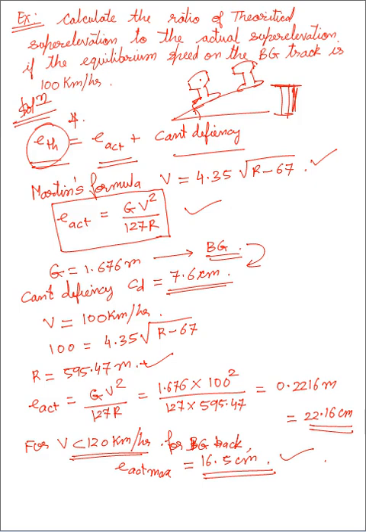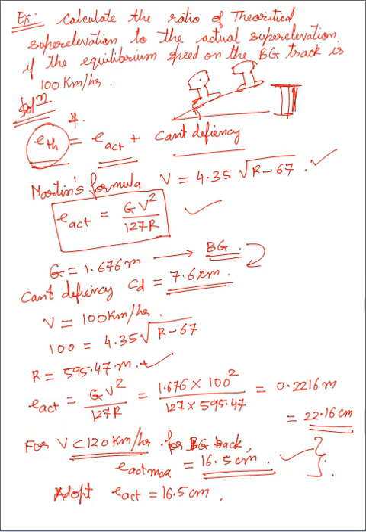So that's why I am writing, adopt E actual is equal to 16.5 centimeter. Okay, so you have to be slightly careful and you have to remember this criterion, because our velocity is less than 120 kilometer per hour. So our super elevation maximum value is 16.5 centimeter.